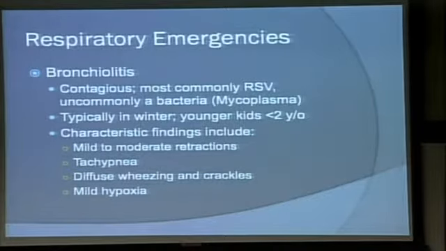Typically it occurs in winter. We are starting into the RSV season. Typically younger kids, so those under 2 years of age. Characteristics are mild to moderate retractions, tachypnea, maybe a low-grade fever, diffuse wheezing and crackles.